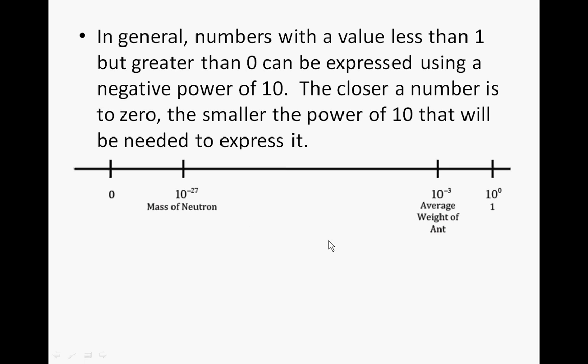So if you notice on a number line, the mass of a neutron, 10 to the negative 27th power, is less than the average weight of an ant, which is 3 times 10 to the negative 4th power. So if we want to know which one is greater, then obviously the average weight of an ant is greater than the mass of a neutron. But notice the powers. The greater the negative power is, the smaller the number is. Okay?